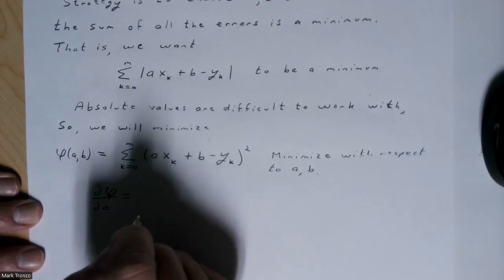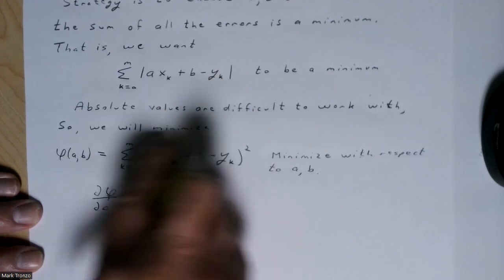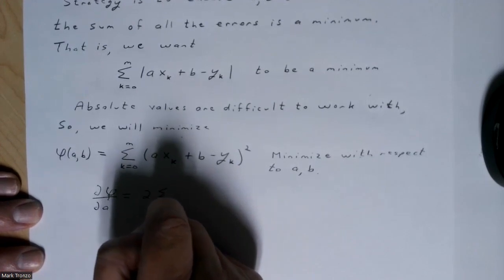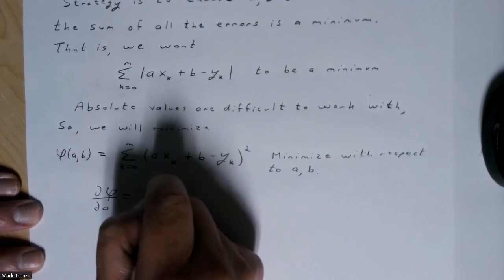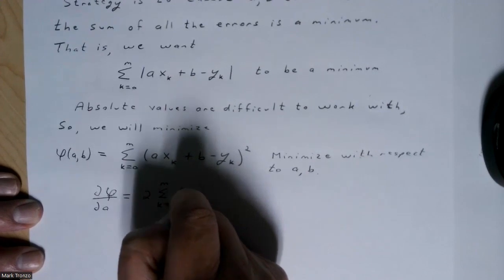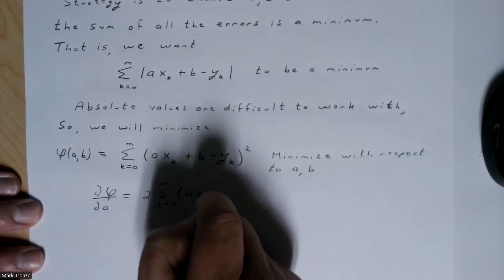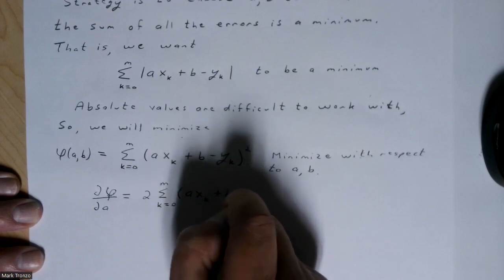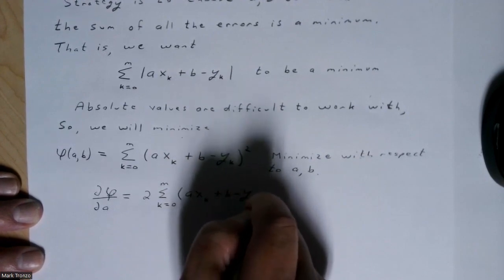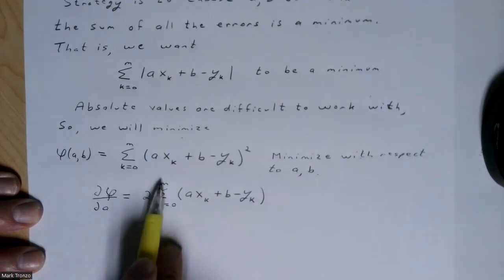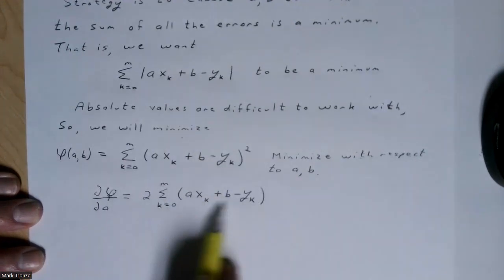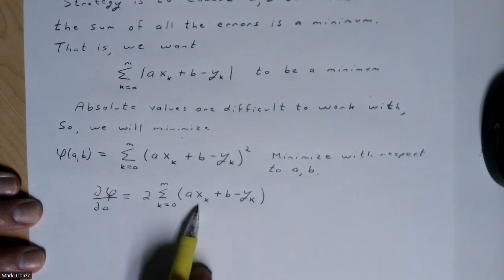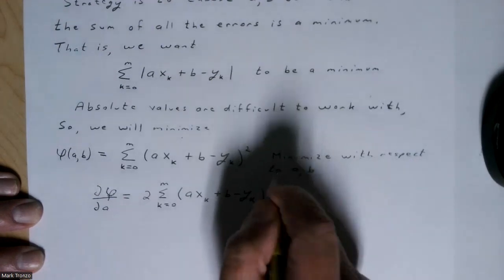And you could actually bring it out front if you wanted to. Let's bring the 2 out front. Remember, constants you can always bring out in front of the summation. And again, we're going to have AX plus B minus Y. Again, we're using the chain rule. Bring the 2 down and make this a 1. Then take the derivative of the inside with respect to A. So taking the derivative of this with respect to A is just going to give us xk.